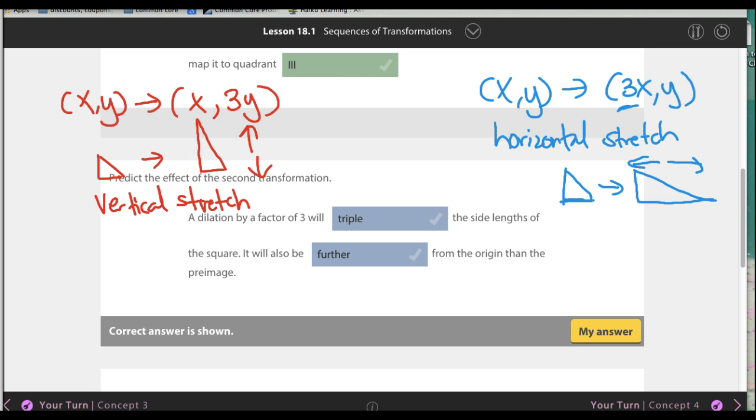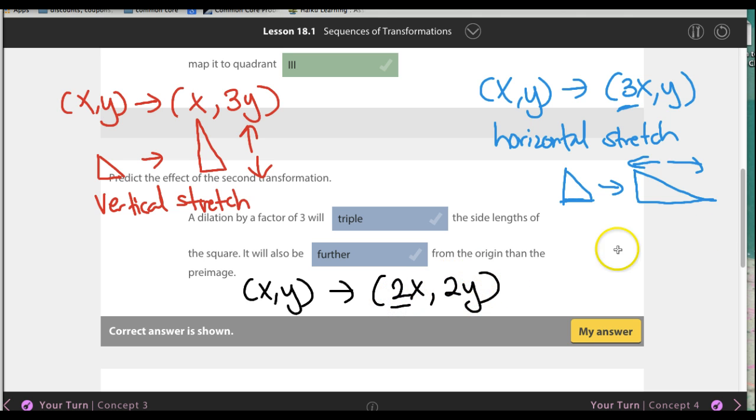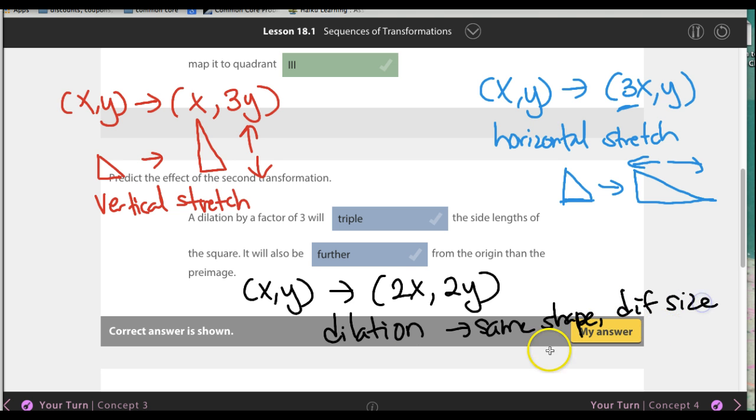Now, finally, the very last thing you have to know before you come to class is, when you have x comma y, and the rule is to multiply both the x and the y by the same number, in this case 2. This is called a dilation. And dilations basically means you have the same shape but different size. Okay, so you can either shrink it if the number that you're multiplying is something less than 1 but still bigger than 0.